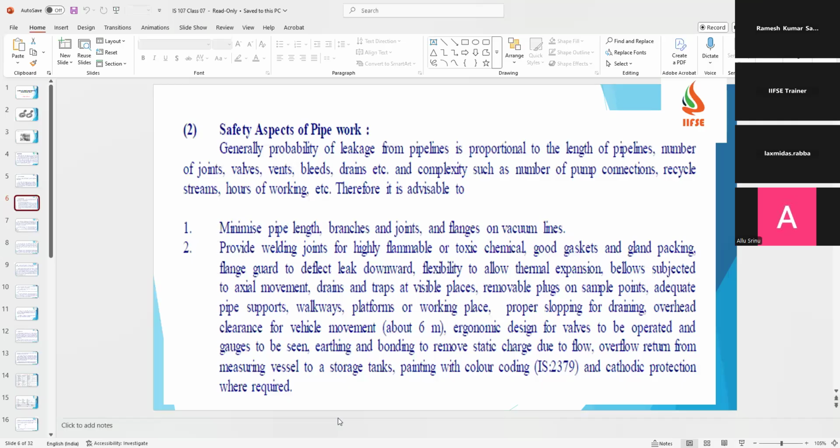Ergonomic design for the valves to be operated and gauges to be seen. When you say ergonomic design, it should be easy to see, easy to operate, and easy to remove. And earthing and bonding to remove static charge, as we saw in static electricity in pipelines.